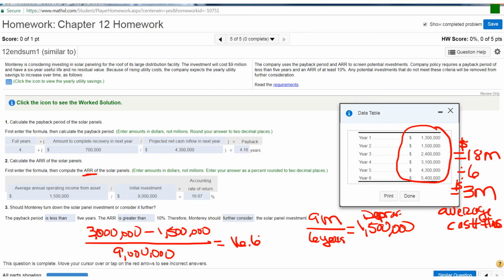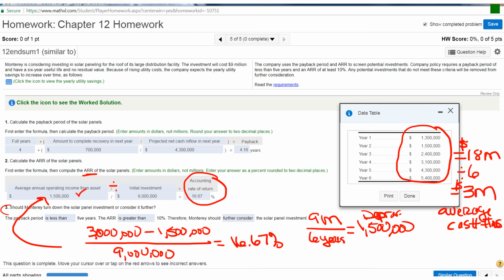If you were to do that, that's going to give you right around 16.67% return. So if you look at their answer again, the way you get the number you want to plug in here, it's your 3 million minus 1.5 million is 1.5 million average income from your asset. Again, dividing that by your initial investment of 9 million, that's how you get this rate of return, which is 16.67%.